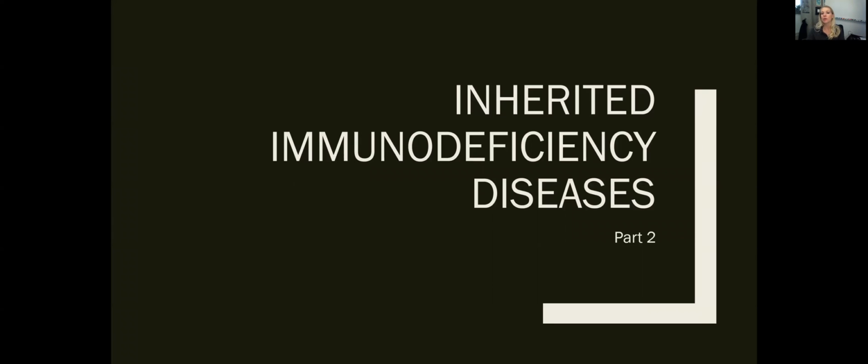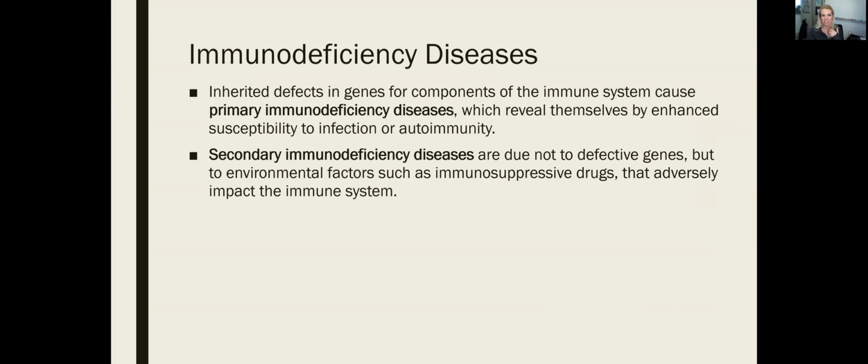Okay, the second part is going to be very quick because the way this course is designed, you guys have been talking about these immunodeficiencies from day one, or maybe it was like day 4 or whatever, but these are our case studies. There are a lot of inherited immunodeficiency diseases, and we call these primary immunodeficiency diseases when they are inherited from mom or from dad or from mom and dad. When you have an immunodeficiency, that renders an individual more susceptible to disease.